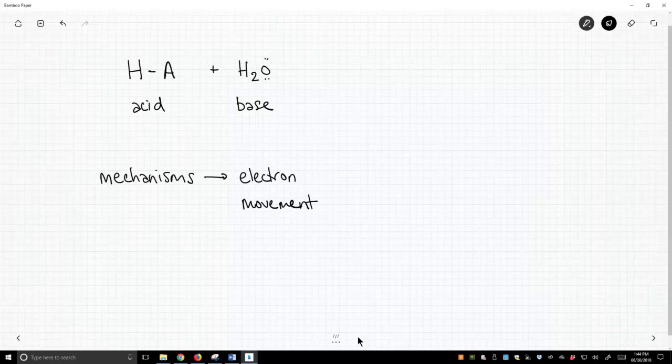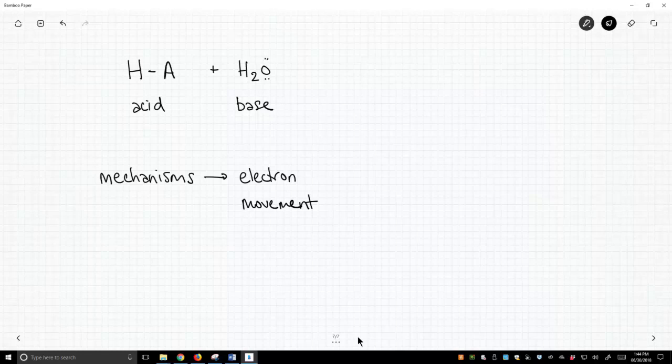Now, if you understand electron movement, you also understand how bonds are going to break and form and how atoms are going to be connected. So it's easy to think I'm going to show a mechanism so that I can keep track of the atoms and where the atoms go, because that's what we tend to draw on the product. However, the mechanisms are about tracking electron movement, which then shows us where the atoms are going to be.